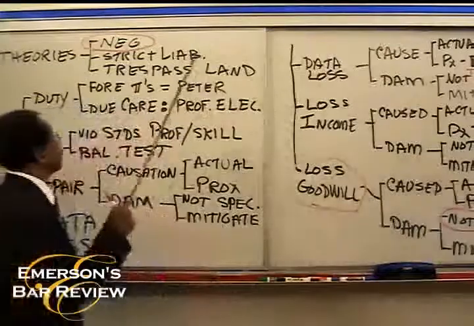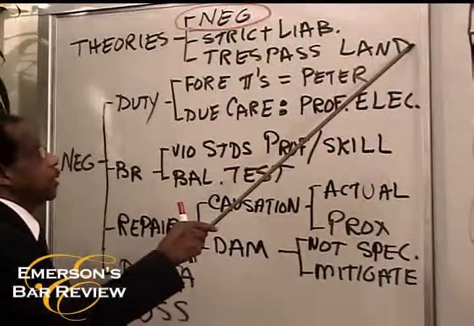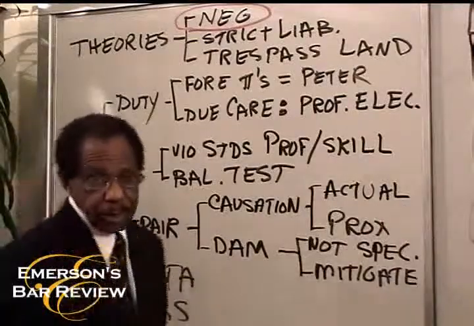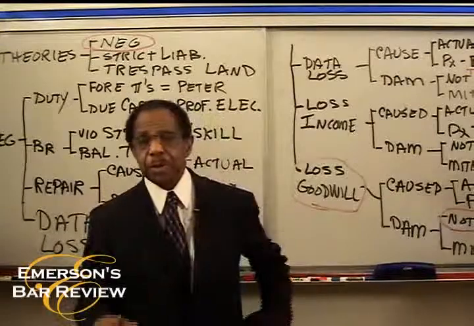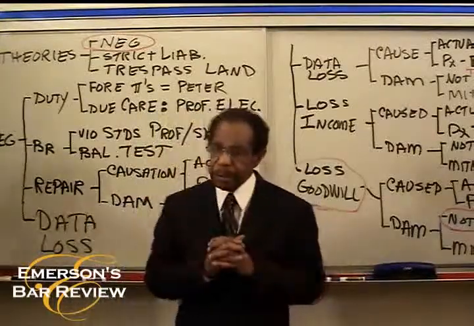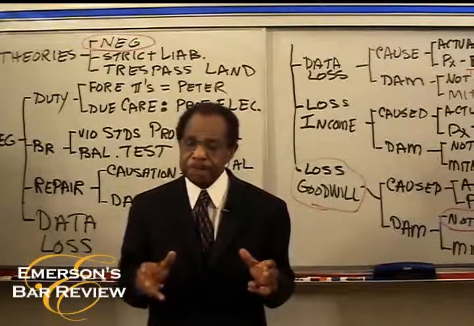So I would discuss the strict liability and say you can't bring it. Trespass to land is the 3rd theory, and again, I don't think that theory is going to work. This is the kind of situation where you've got to understand the kind of intent that is required for trespass to land.